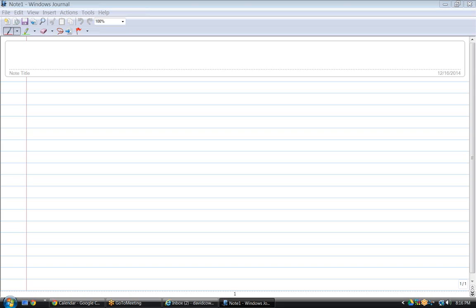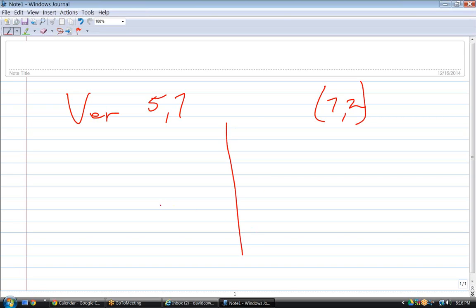Some quadratic problems. Okay. So a parabola has a vertex at (5, 7) and goes to the point (7, 2). What other point must be on the parabola? Why? Alright, we'll go to (5, 7).